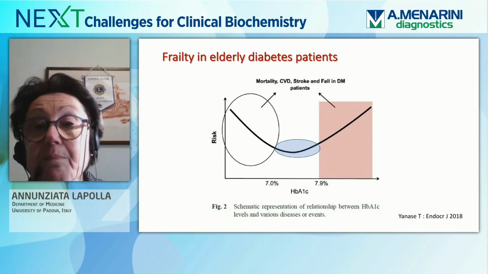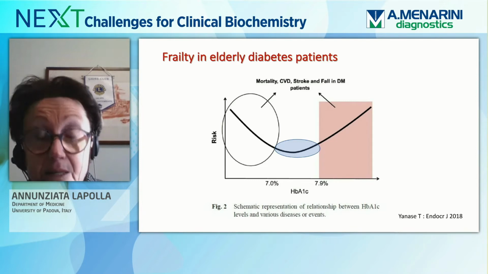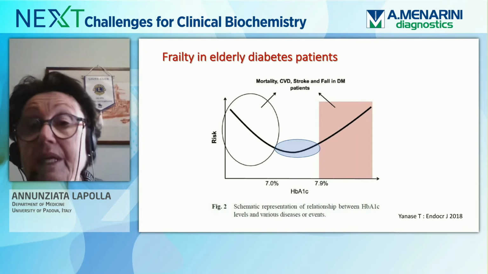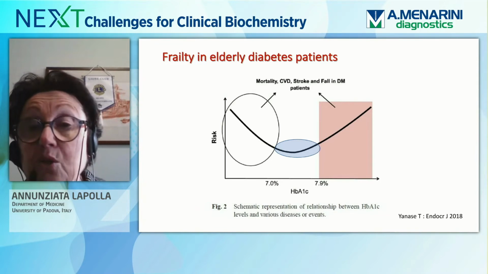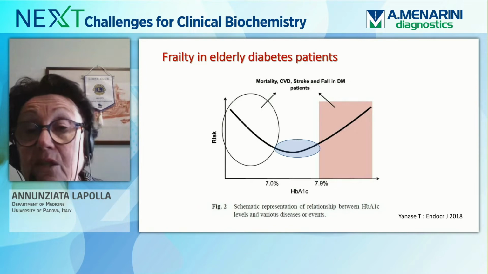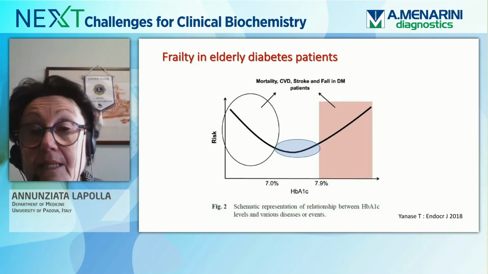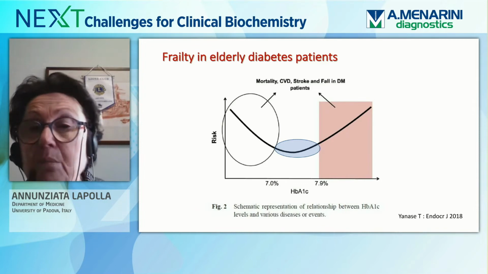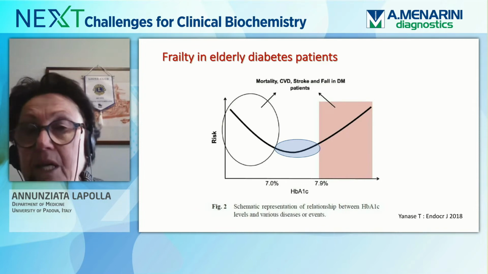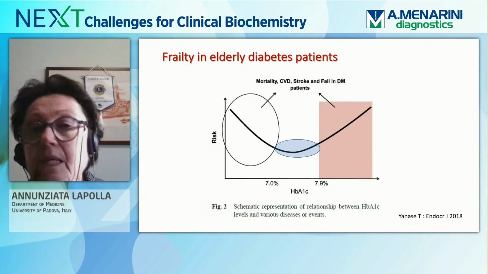Looking now at patients with diabetes that are very old and have a lot of complications, what you can see is that mortality, cardiovascular disease and strokes are very elevated, both in patients that have an acceptable HbA1c, lower than 7%, but also in patients that have a higher HbA1c, higher than 9%.